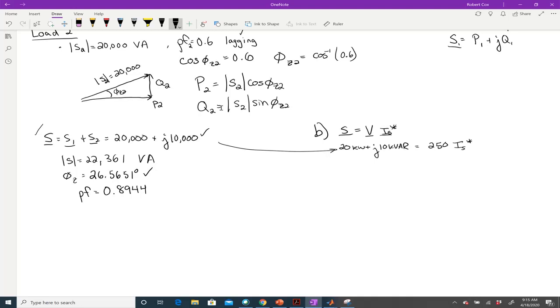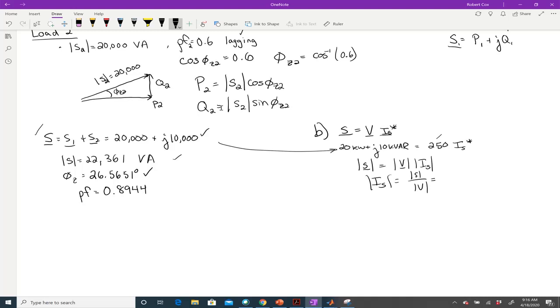So the approach to figure out what I_S is, is pretty straightforward. I look at my vector relationship: the magnitude of S is the magnitude of V times the magnitude of I sub S. So the magnitude of I sub S is just the magnitude of S divided by the magnitude of V, and I have everything I need for that. Here's the magnitude of S over here, and the magnitude of V is 250.